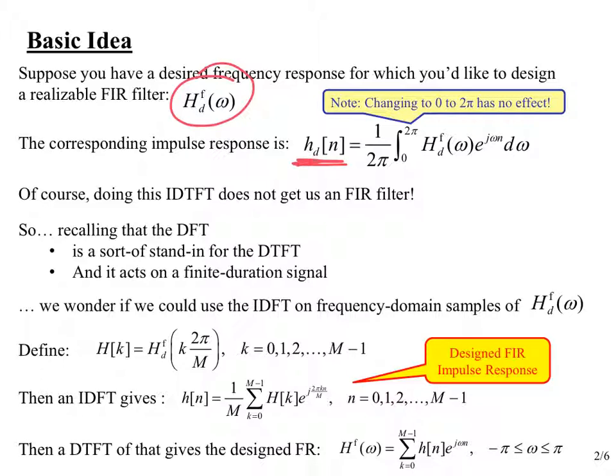And you'll note that I've changed from our standard minus pi to pi to integrating from 0 to 2 pi. That doesn't really have any effect at all, because I can integrate over any interval of length 2 pi and I get exactly the same thing because of the periodic nature of this and the periodic nature of that. So when we do that, whatever we get for this will not necessarily be an FIR filter.